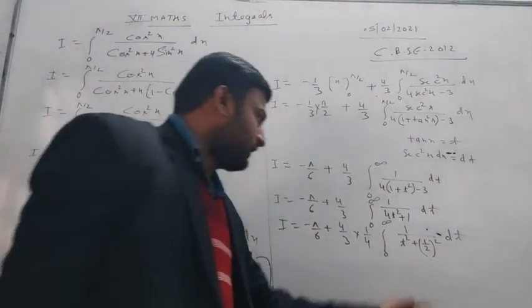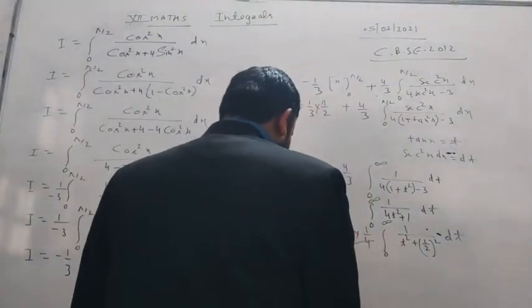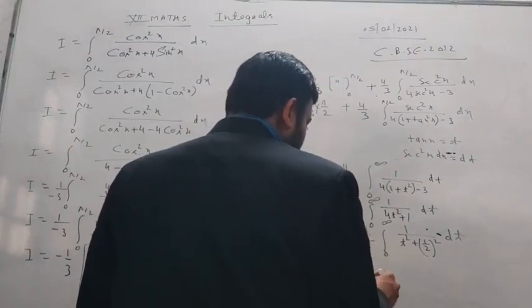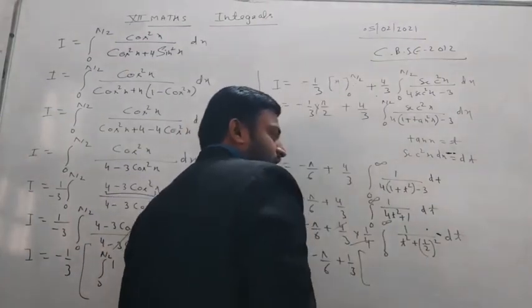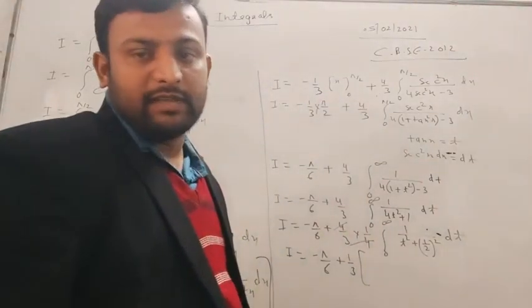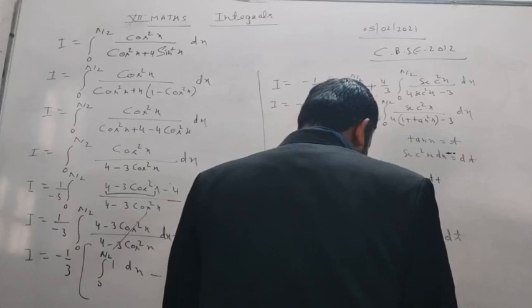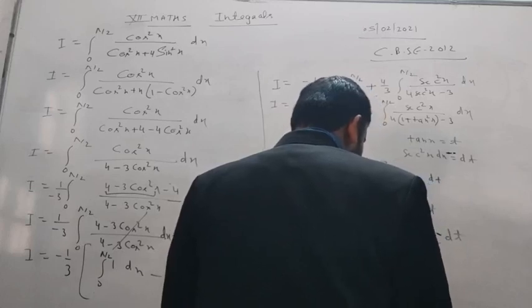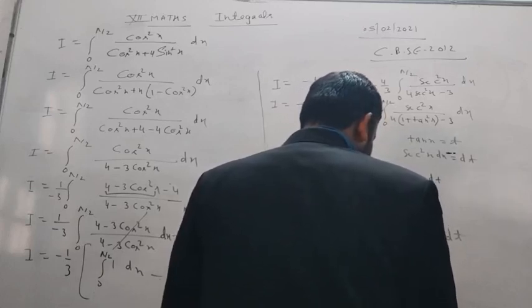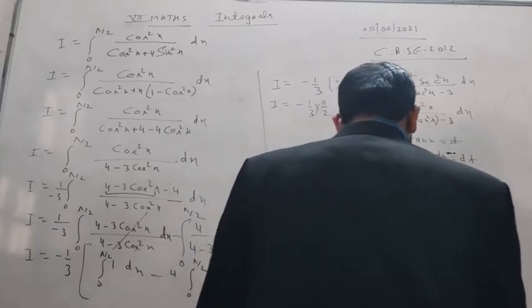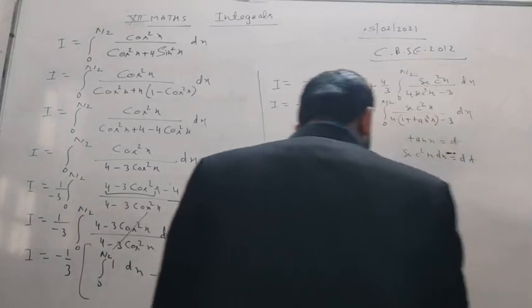So we are saying that students, this is the formula of tan inverse x by a, so 1 by a, which is 2 tan inverse 2t, and this is 0 to not defined.